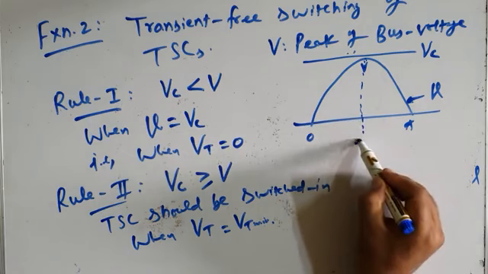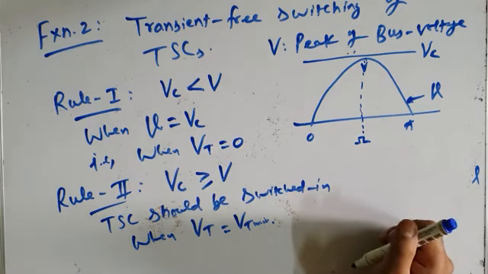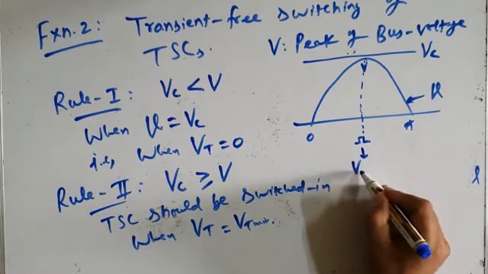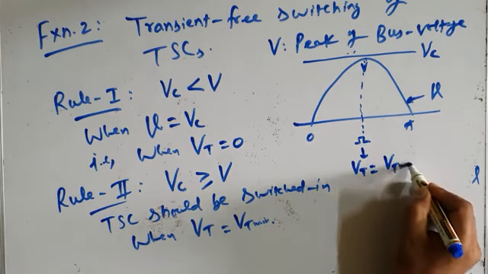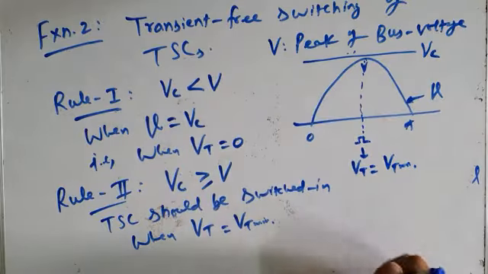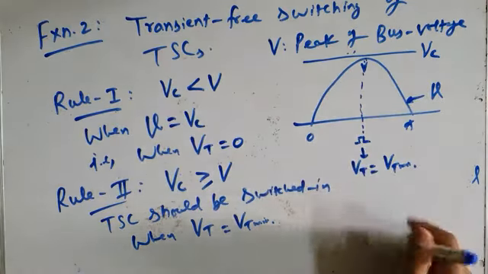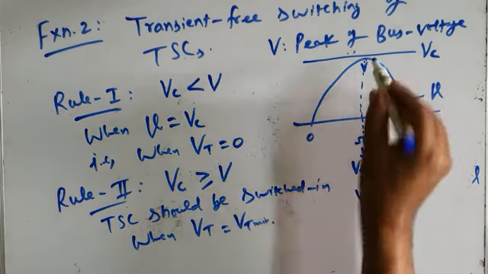Here you can see the firing pulse has to be issued to the TSC branch, because here the voltage across the thyristor valve is equal to the minimum, VT min. And in fact, if VC is equal to V, if the capacitor voltage is equal to the peak of the bus voltage, then VT will be exactly equal to 0.